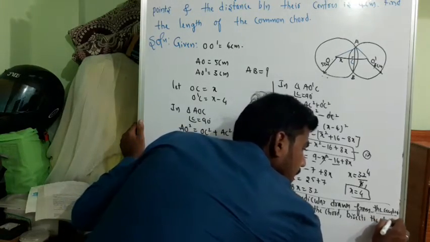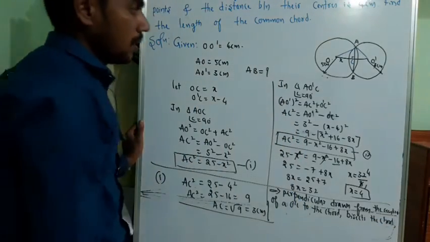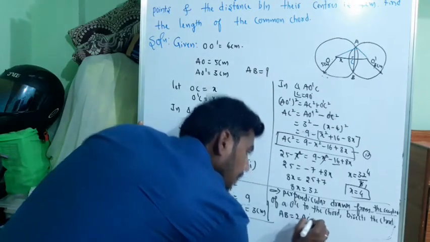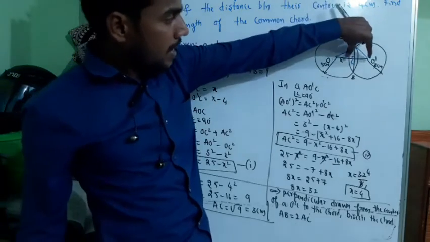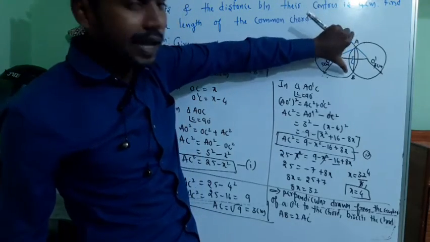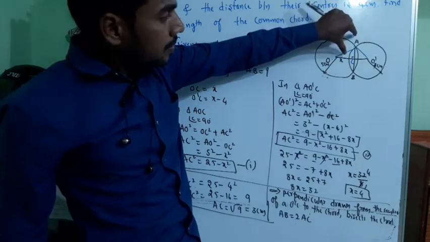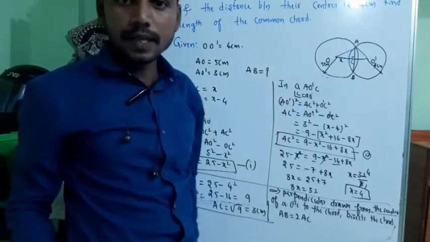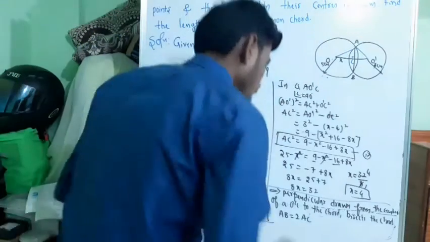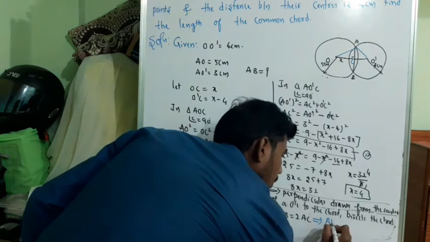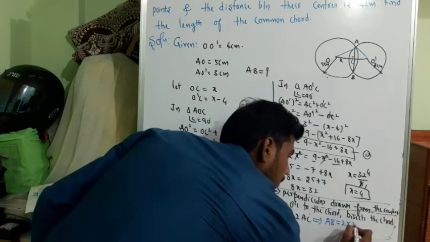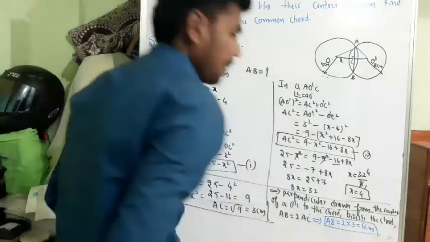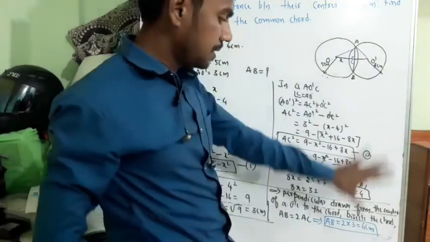According to this theorem, AB is equal to 2 times AC, since O dash C or OC is bisecting the AB. So AB is equal to 2 into 3, which is equal to 6 centimeter. So this is the length of the common chord, that is AB, which is equal to 6 centimeter.